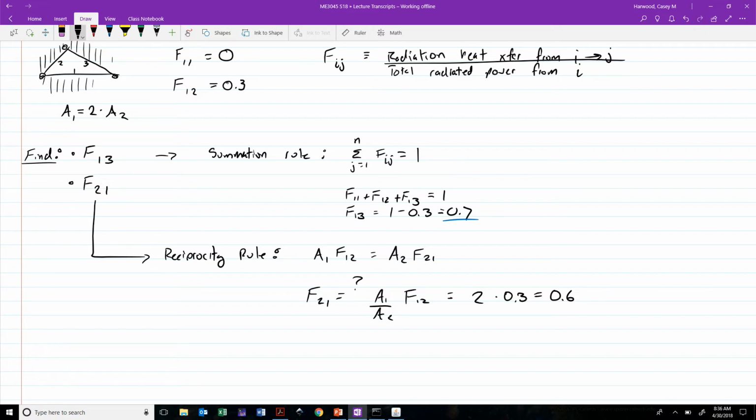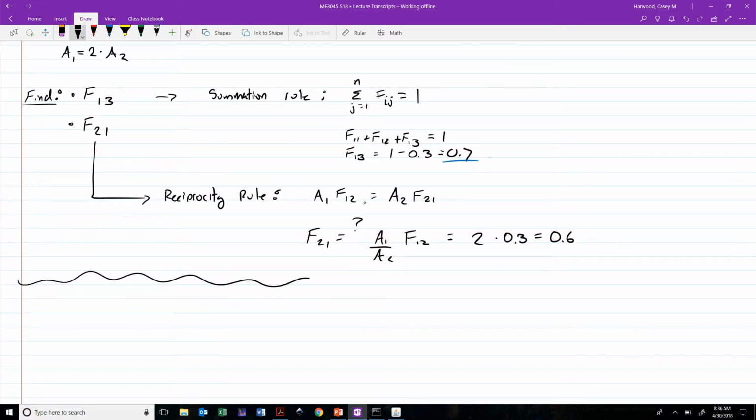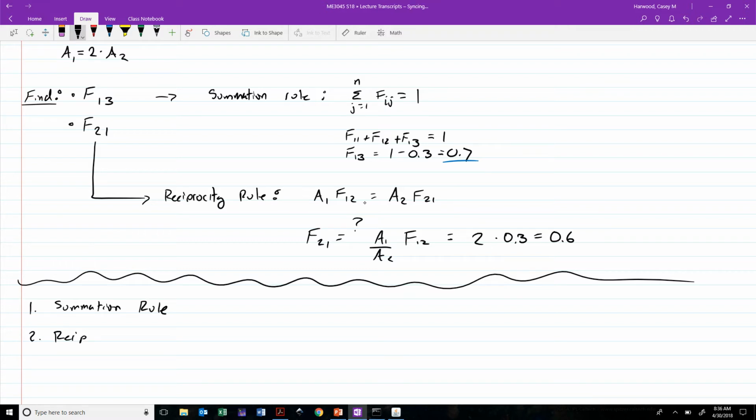So that covers the two rules that we introduced in the last lecture: the summation rule and the reciprocity rule.